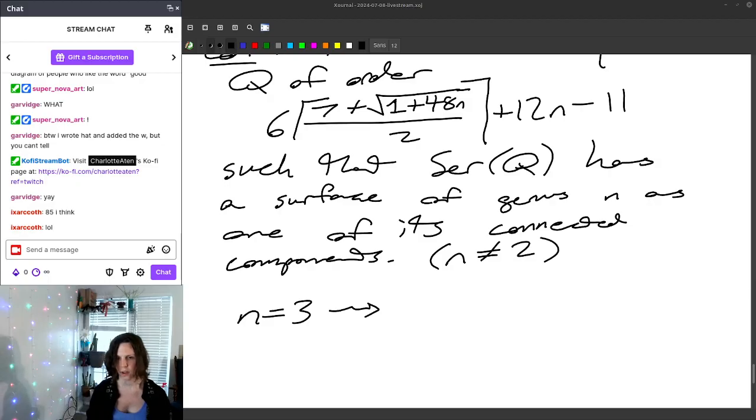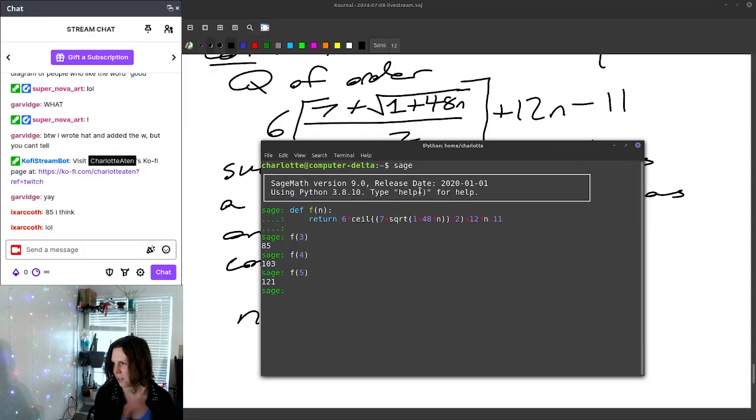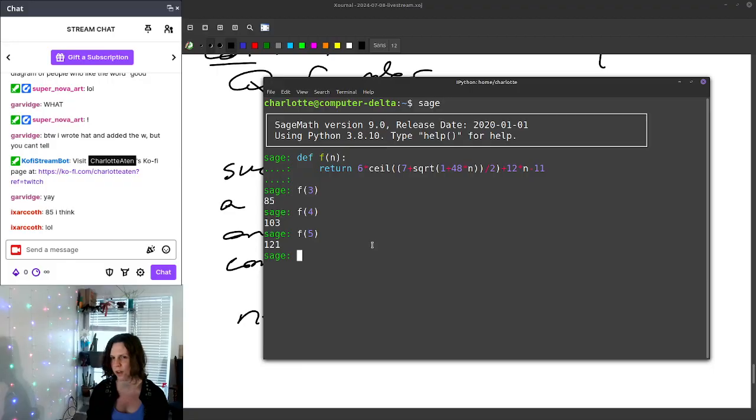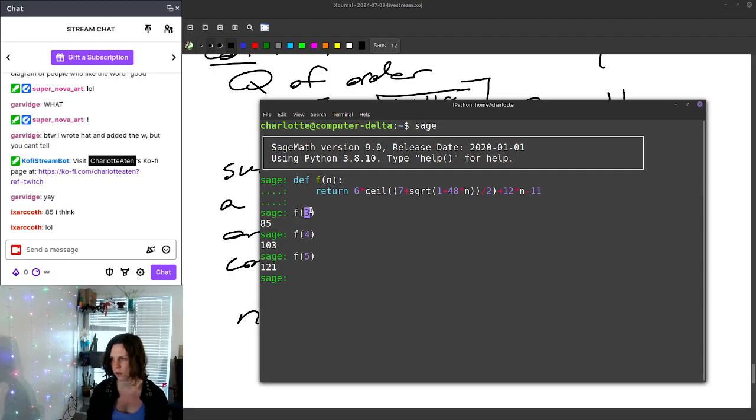I was just being shy, but here's what I typed out, just in case I made a mistake. Yeah, so it looks like we have 85 elements for the three-hole donut. 103 elements will do for the four-hole donut. 121.